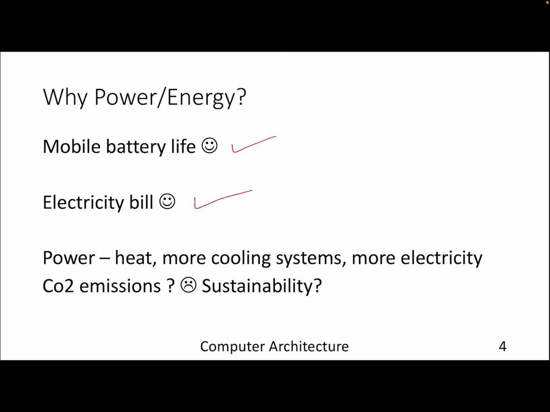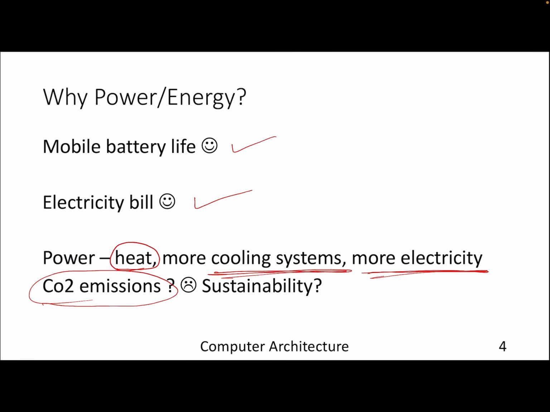All these things are also connected. More power may dissipate more heat. In that case, you have to spend more effort on your cooling systems, which means you have to spend more money and electricity on your ACs. What about CO2 emissions, which is kind of a worrying sign, especially over the last few years?